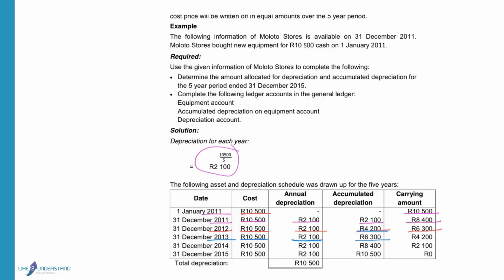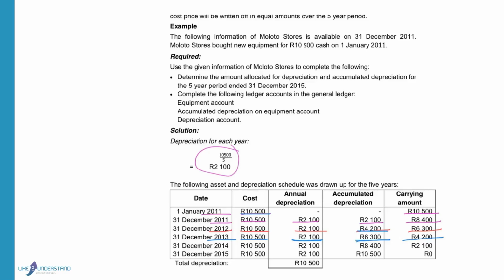What is the asset worth at the end of 2013? The cost price, $10,500, minus the accumulated depreciation of $6,300. So the carrying amount is $4,200.